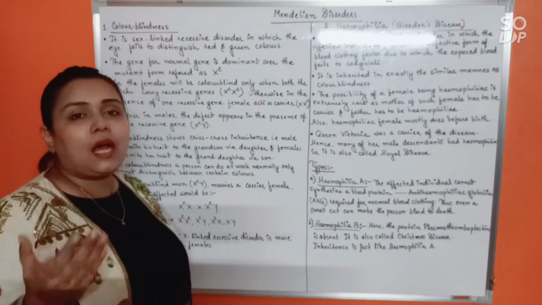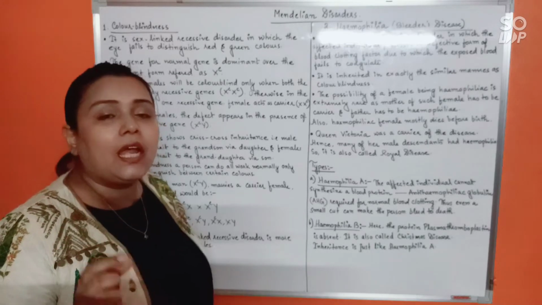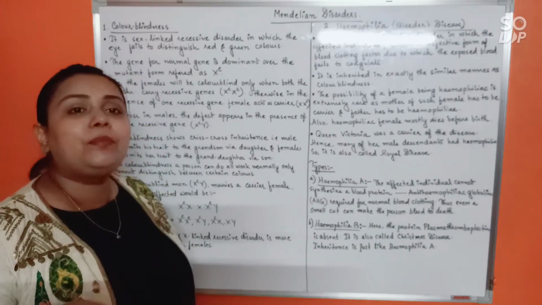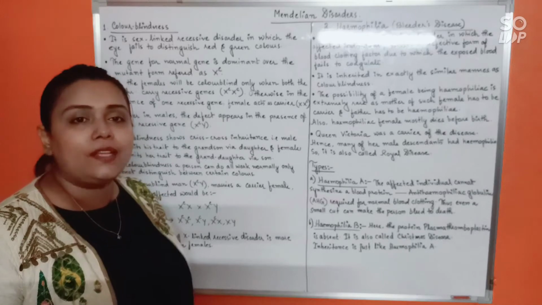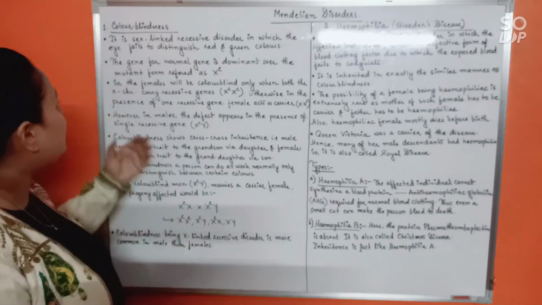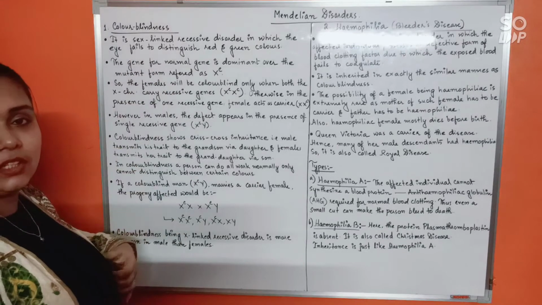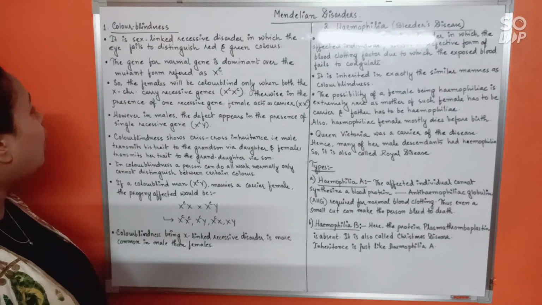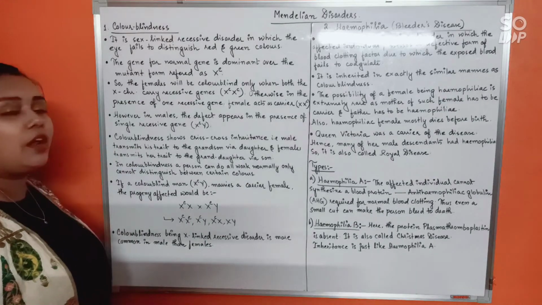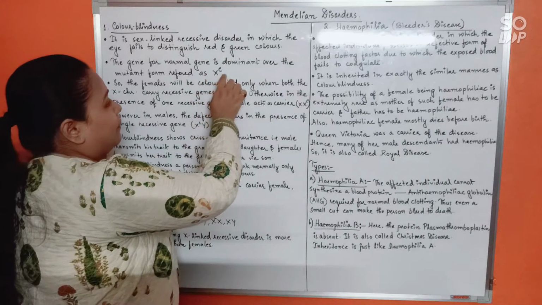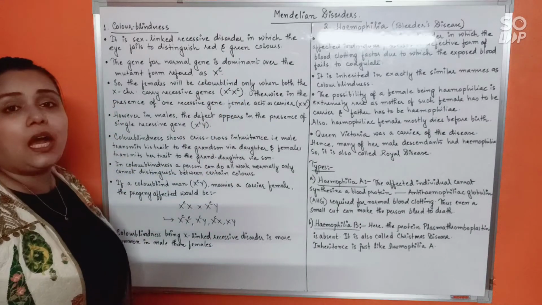Whenever the gene undergoes any kind of mutation, that mutated gene becomes the mutant type, or what we call recessive, isn't it? So of course the normal gene, that means the wild type, is dominant over the mutant form, which is referred to as XC. C here refers to color blindness.